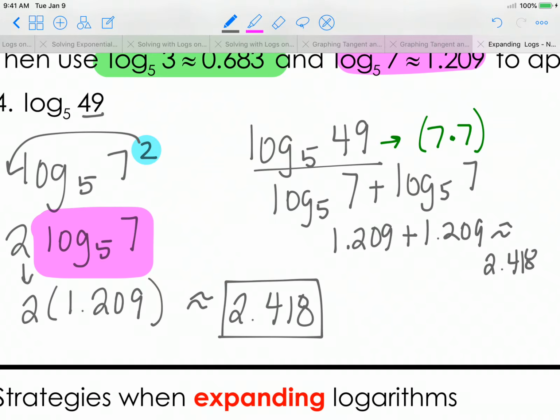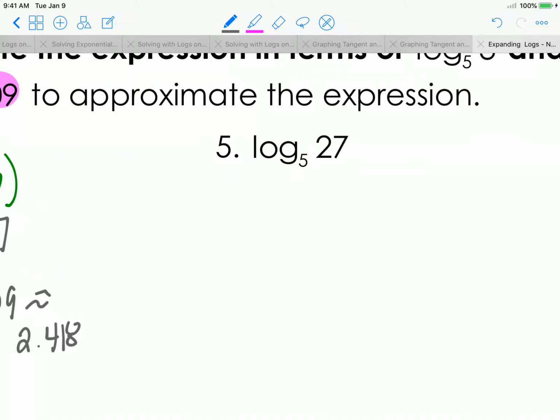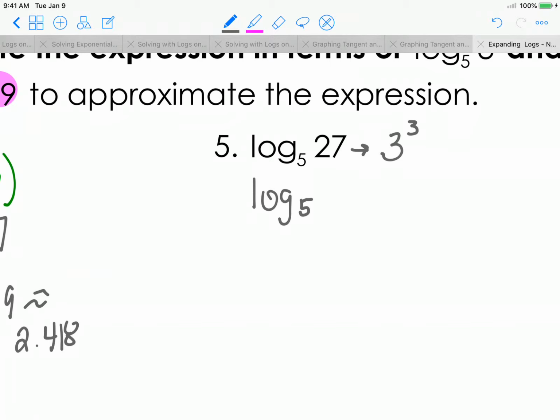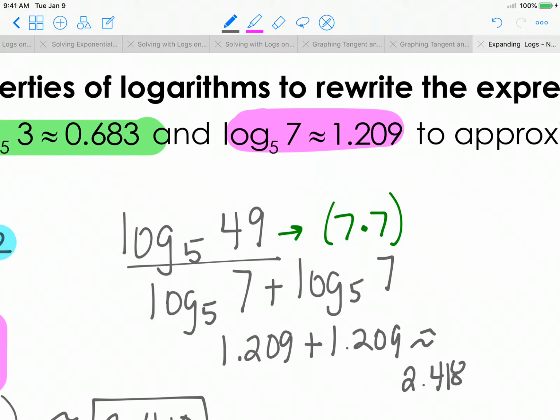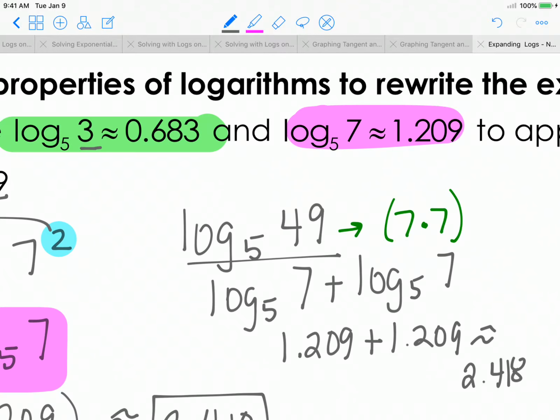Okay. What if it's just a little bit harder? What if it looks like log base 5 of 27? Well, we know that 27 can be written as 3 to the third. So let's look at this. If we rewrote 27 with a base of 3, because really that's what we're looking for, a base of 3, because I don't know anything with a 7 that I could rewrite it as. 3 times 7 is 21.